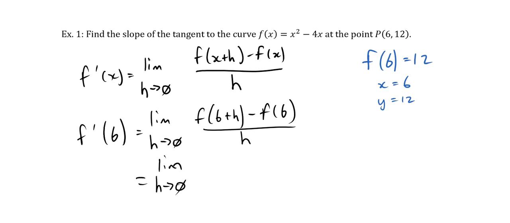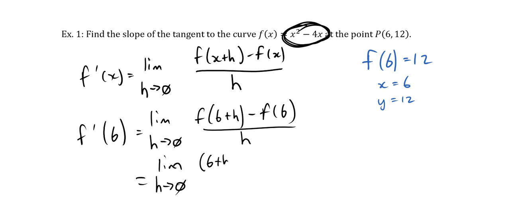Okay, now we sub in on top. So what is f at 6 plus h? Well, f is that. So I sub, like function notation, right? Whatever's in this part goes in for all the x's in the original function. So it's x squared, but what is x?